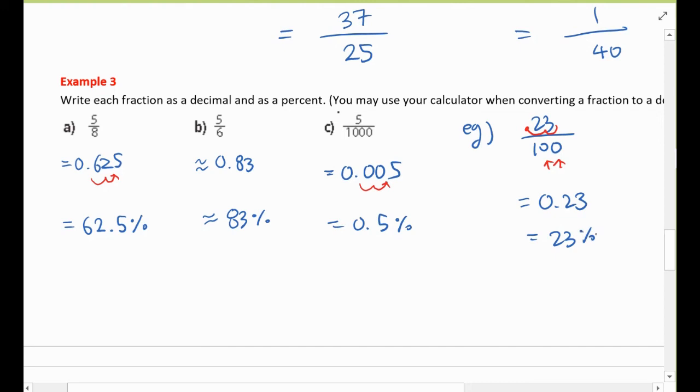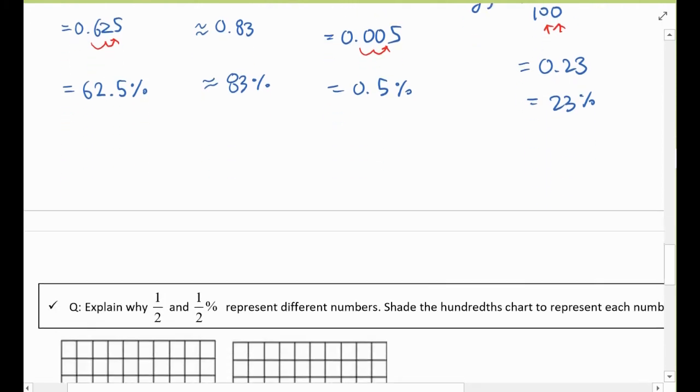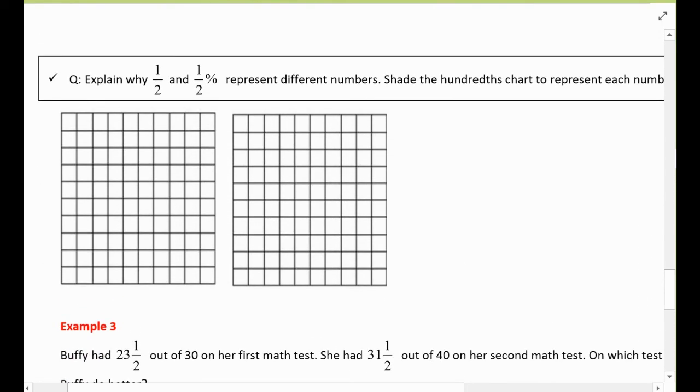So when you have a multiple of 10 in the bottom, it's very easy to change it to a decimal number. You just simply count the number of 0 and move the decimal places to the left. Make sense, everyone? Okay. Next.